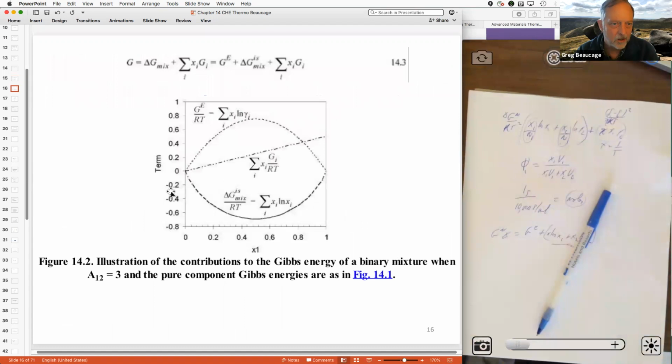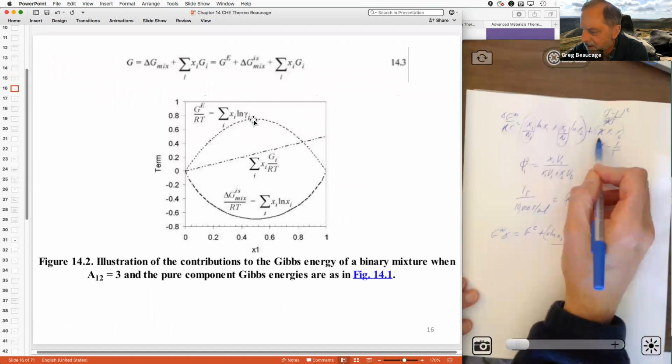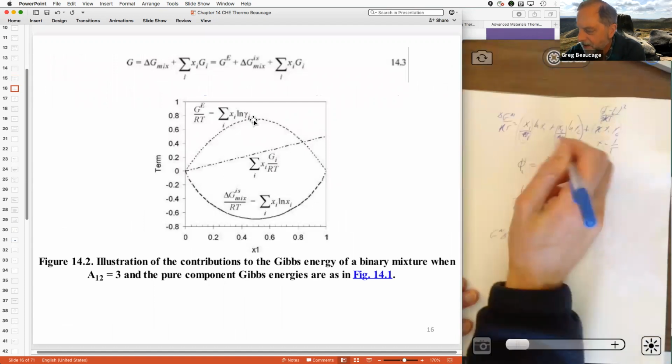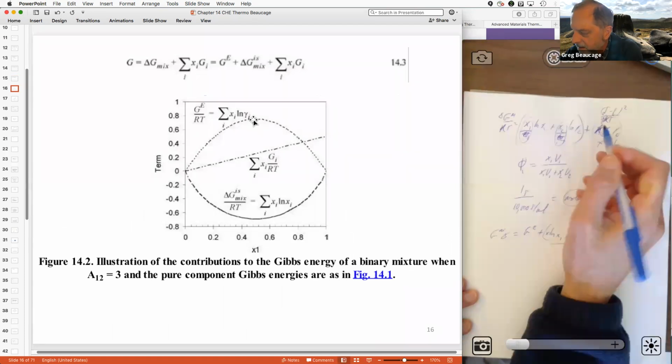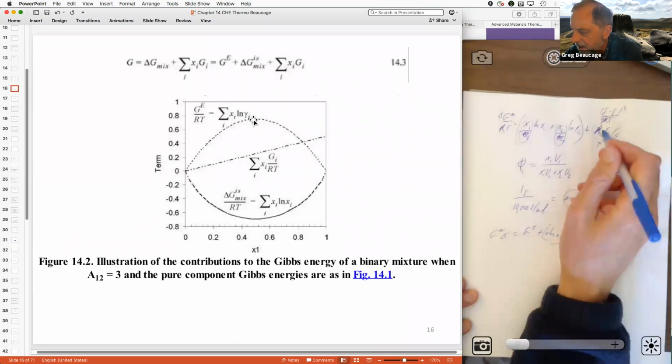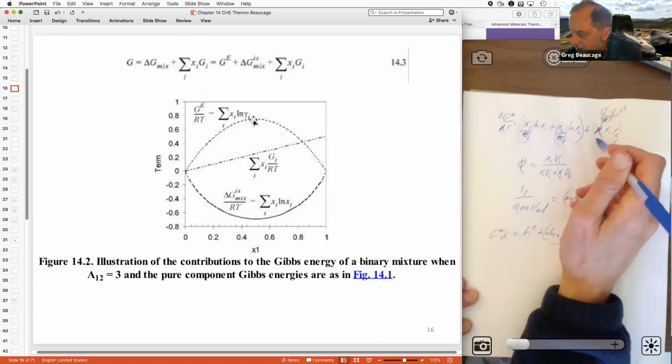This is looking at the Margules, a one-parameter model, basically the same thing as Flory-Huggins without the n's. So that's the Margules, and this is A12, or it could be the deltas if you talk about the Hildebrand.